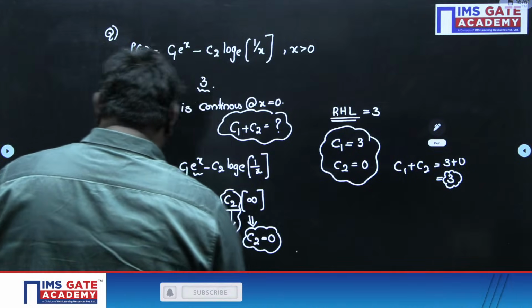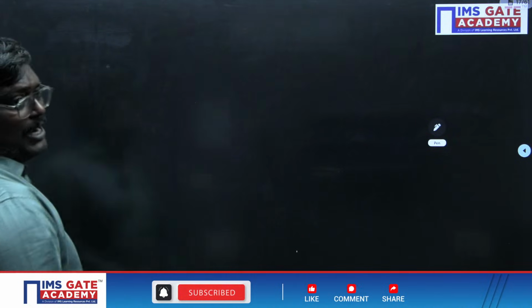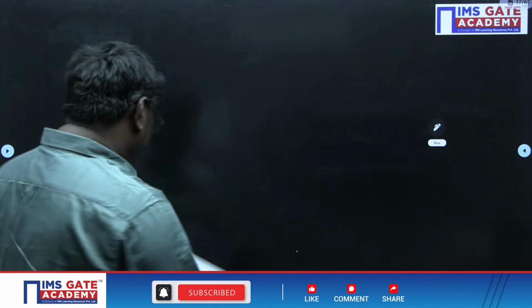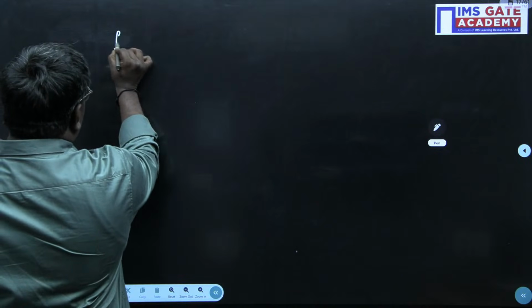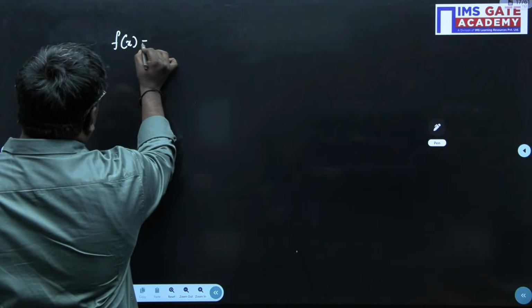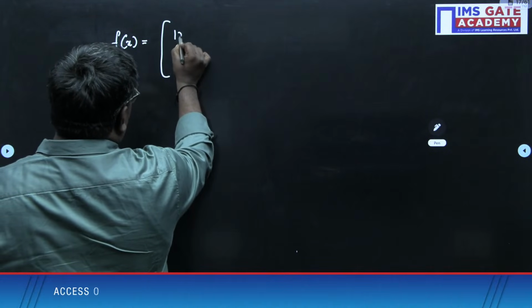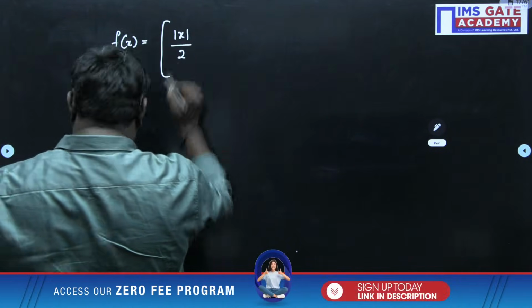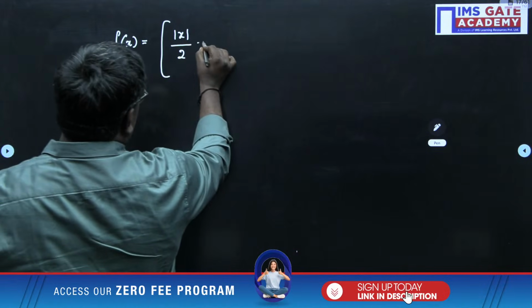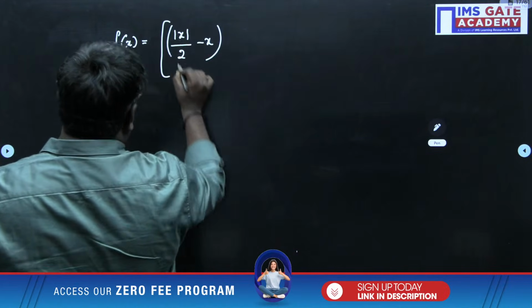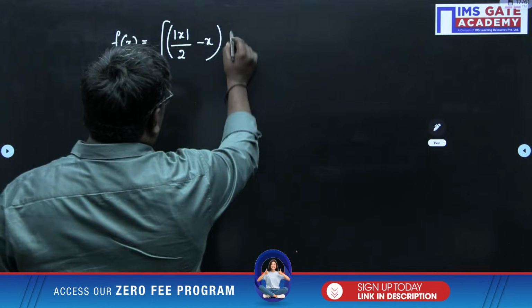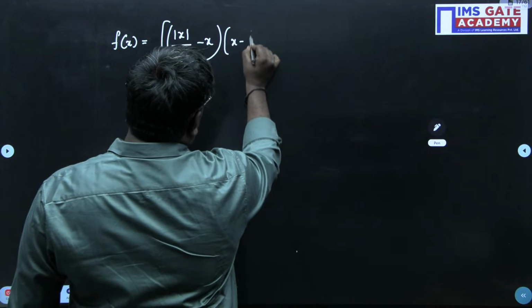Now, my dear students, there was another question in the calculus part. See here, the question is: f of x is equal to mod x by 2 minus x into x minus mod x by 2.